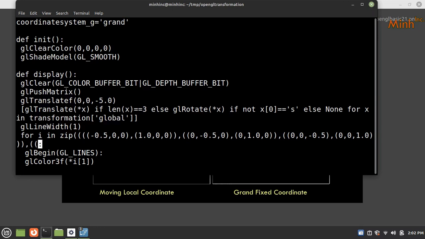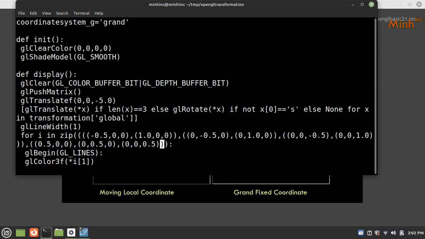Color is, first, red, then green, then blue, RGB.